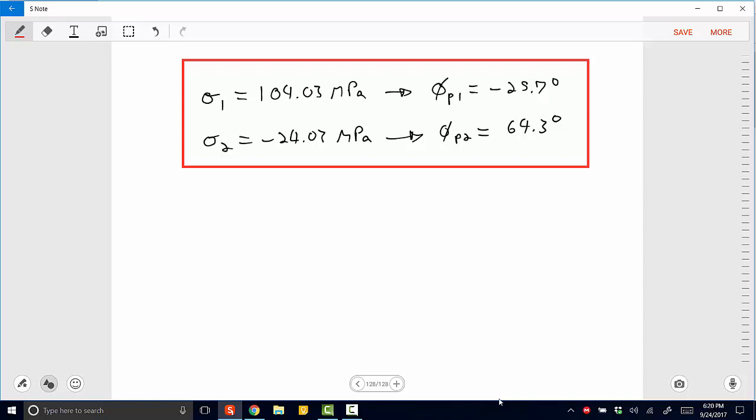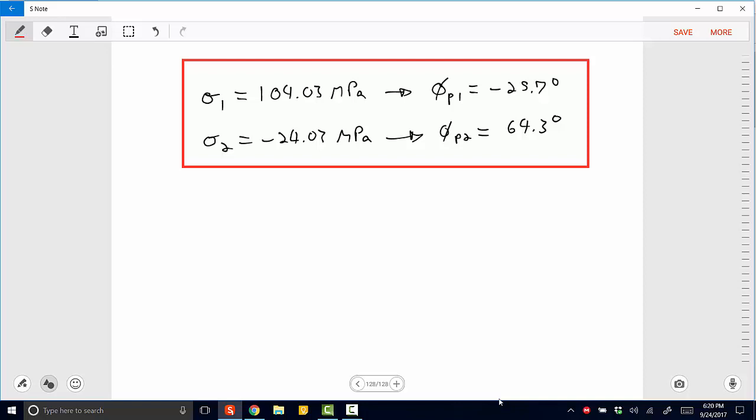So it's always good to start with the angles, as we did in this problem, find them, and then plug those angles into the normal stress equation and find different values of normal stress. And then from there you can figure out which normal stress is sigma 1 and sigma 2.